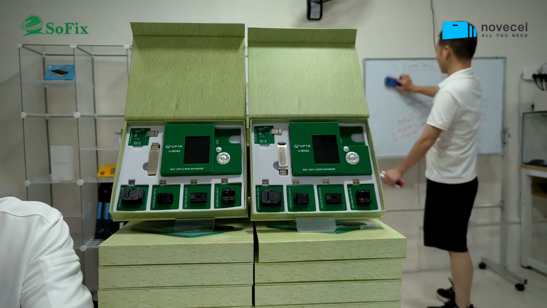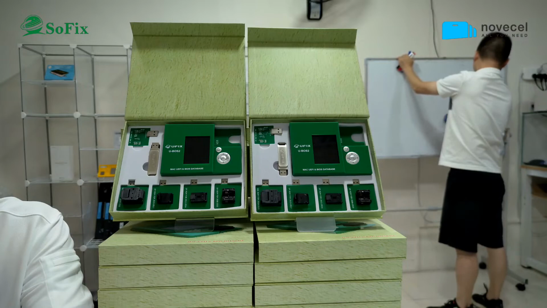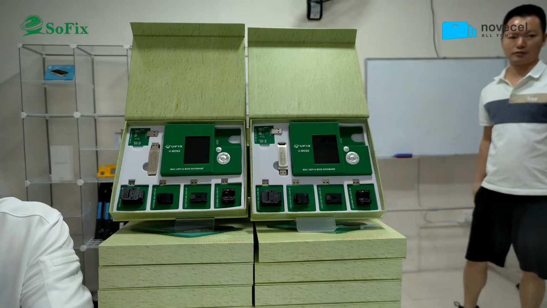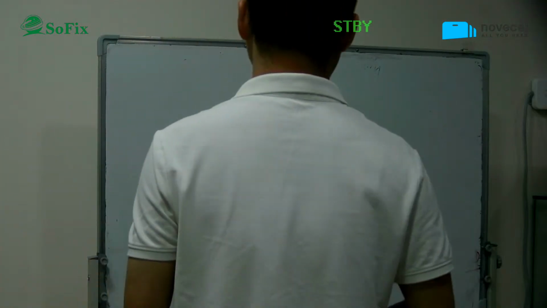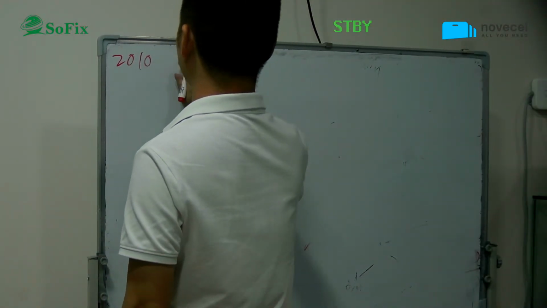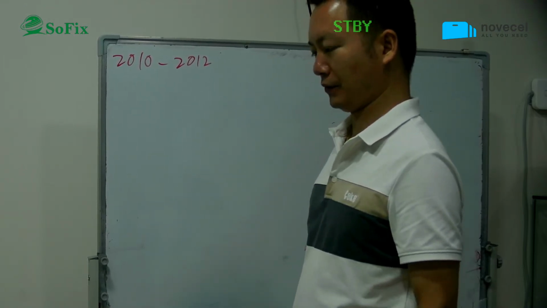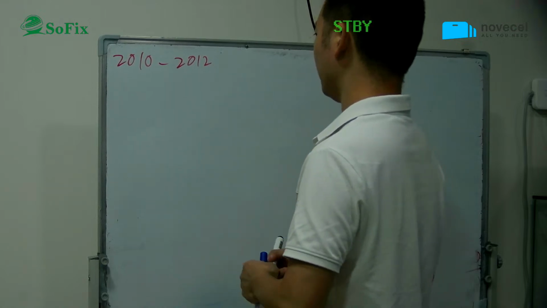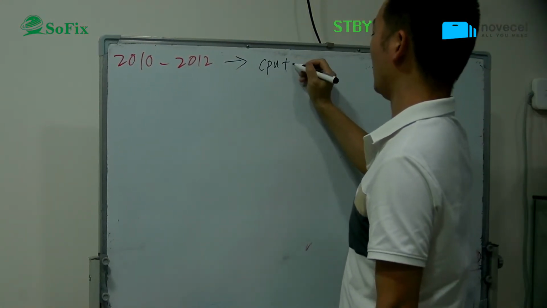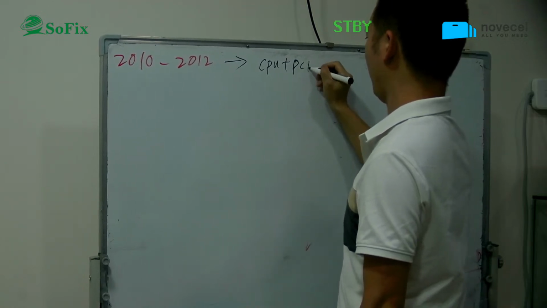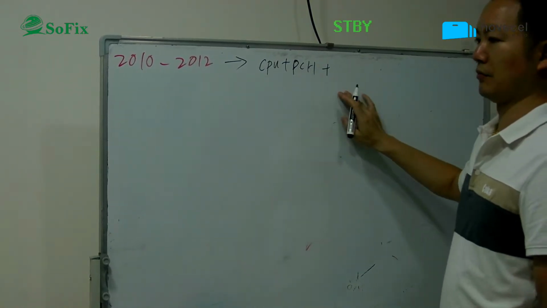Okay, 2010 to 2012. We have the MacBook Air and MacBook Pro motherboard configuration: CPU and PCH, and the next one, SMC.